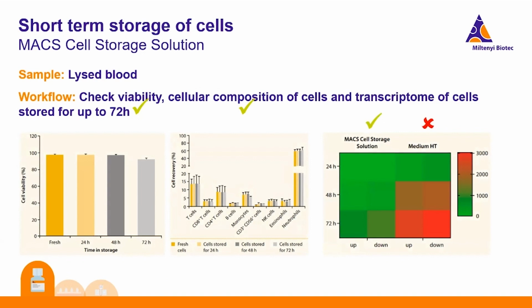Especially, we have done here a whole exome transcriptome analysis. And we have even compared our cell storage solution with the competition that we call here medium HT. And we see that the transcriptome is less affected throughout the storage time points in comparison to the medium HT.